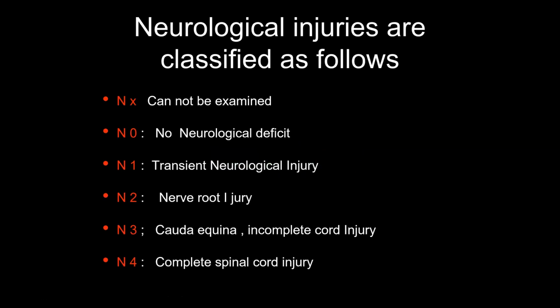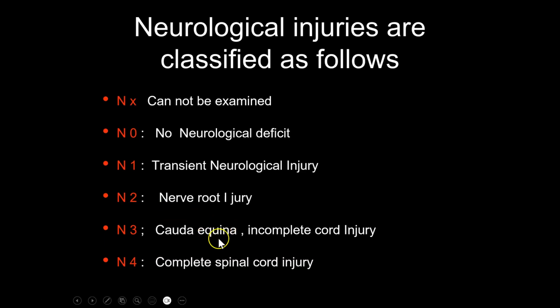Neurology, as you all know, in all cases of AO classification, you may not be able to examine the patient: NX. No neurological deficit is N0. Complete spinal cord injury is N4. In between, if it is transient and recovers, it is N1. If it is nerve root injury, it is N2.